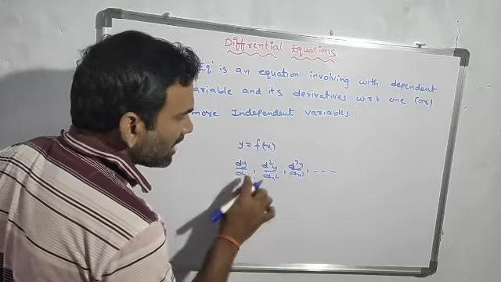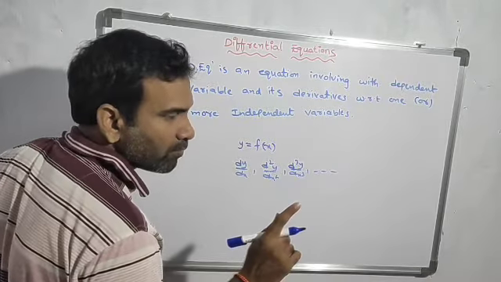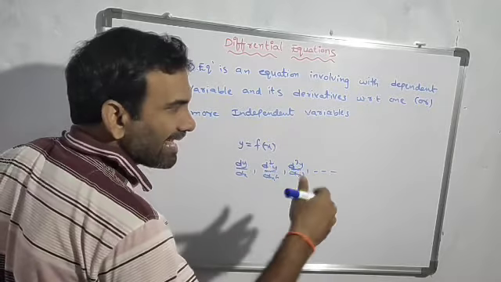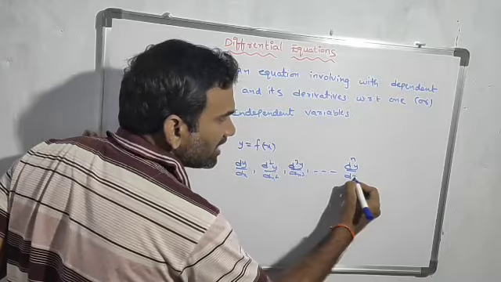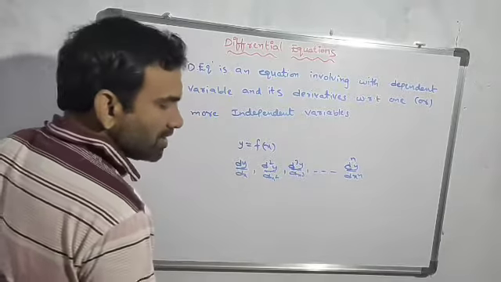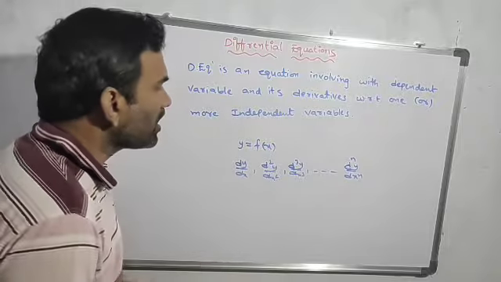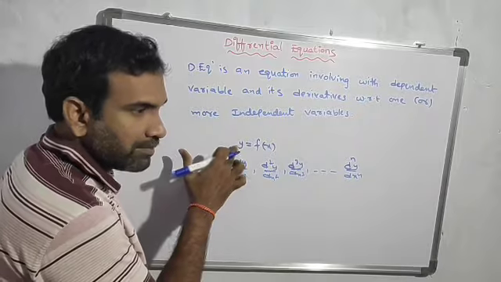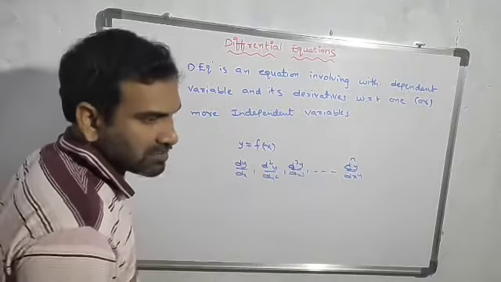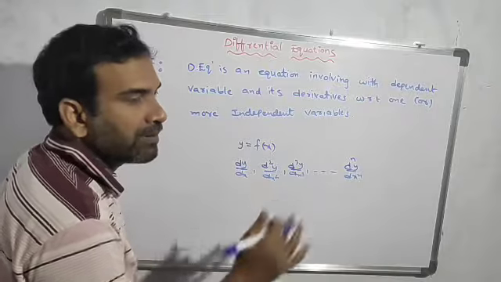Like that we can take d power n y by dx power n, differentiating n times. So in a differential equation we have the dependent variable and its derivatives with respect to one or more independent variables.